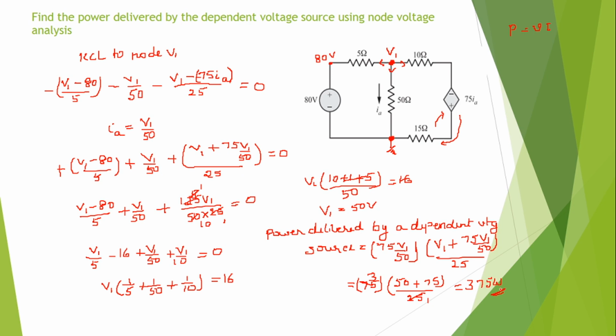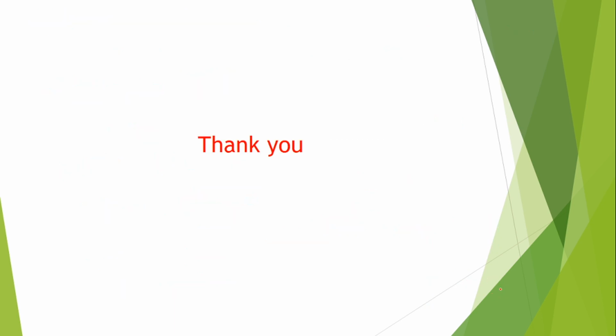The only thing is, the dependent variable we need to substitute in terms of the node voltages or mesh currents, depending on whether we are applying node voltage analysis or mesh current analysis. Like this, we can apply node voltage analysis or mesh current analysis to networks with dependent voltage sources. Thank you.